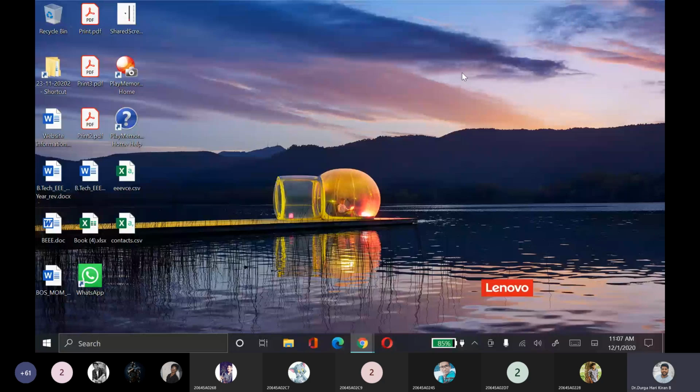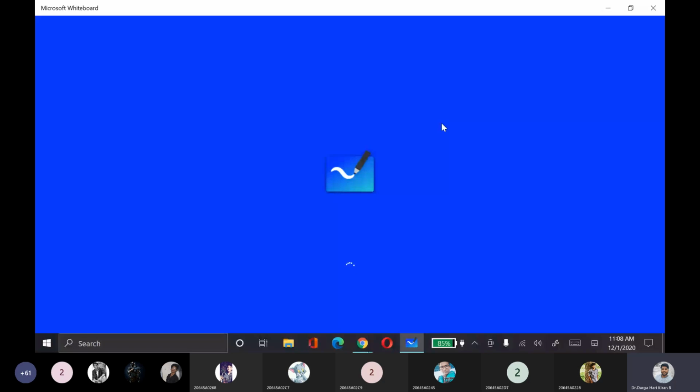Otherwise, people are saying that they are not able to see my screen. If I share, you definitely have to see my screen. If not, then the problem is with your mobile only. Just close the app and reopen it.